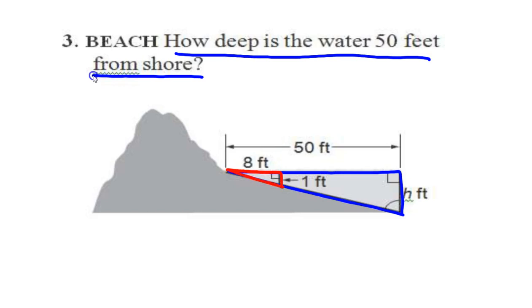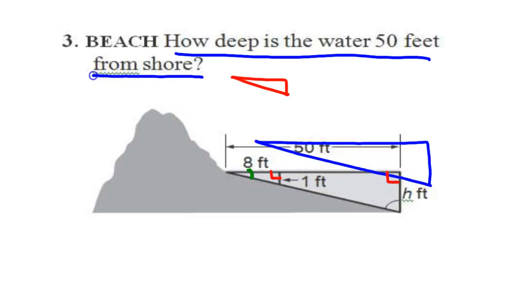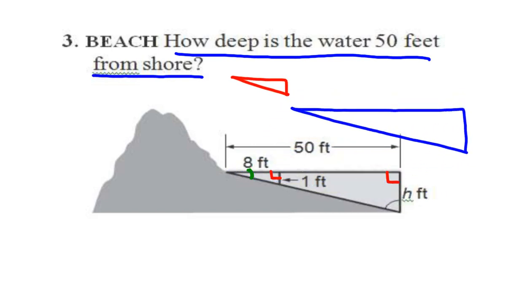Now we know they're similar because we have a 90-degree angle here, a 90-degree angle there, but we also have an angle that they share right there. So to look at this picture, I'm going to set up a proportion. So I'm going to take my two triangles and I'm going to pull them apart, put them up here first so we can look at them. So this little tiny one, this side is 8.